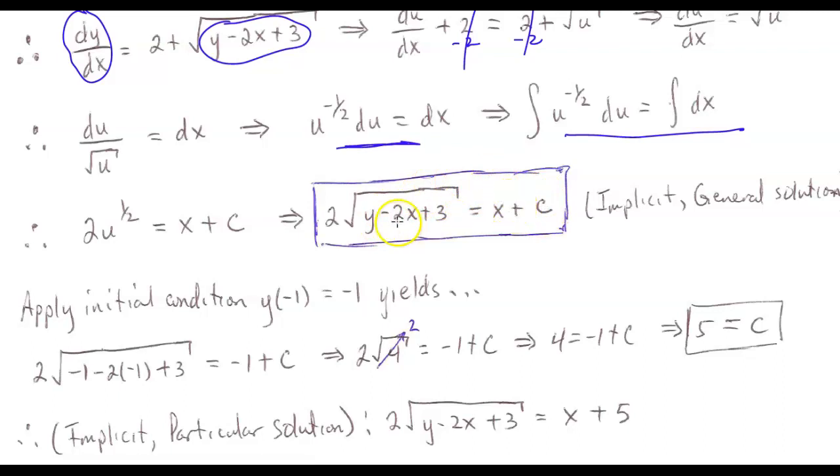And if I did that, that's fine. However, when I square both sides, notice that the squaring operation does not know if this left-hand side here is either positive 2 times the square root of all this business, or negative 2 times the square root of all this business. It doesn't know at all.